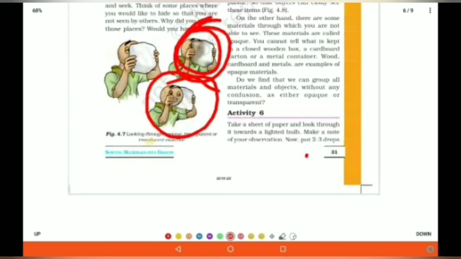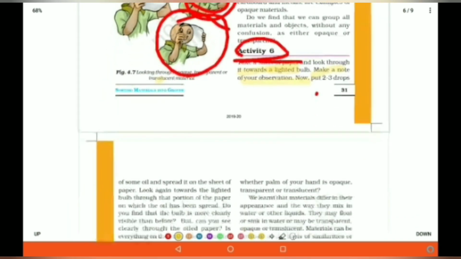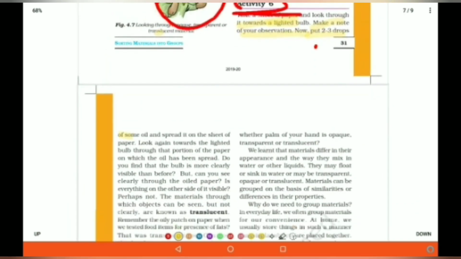Right? Now, activity 6. Take a sheet of paper and look through it. Look through it towards the light bulb. Make a note of your observation. Put 2 to 3 drops of some oil and spread it on the sheet of paper. Look again towards the lighted bulb through the portion of the paper on which the oil has been spread.